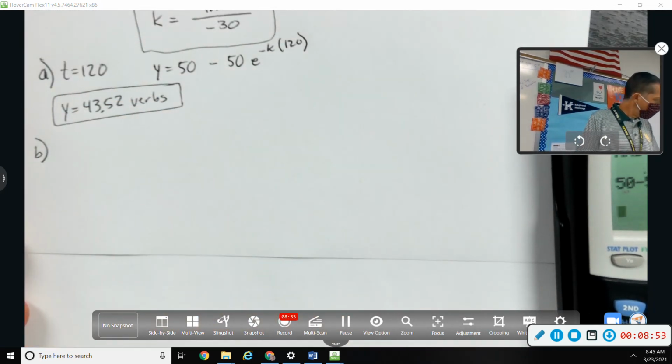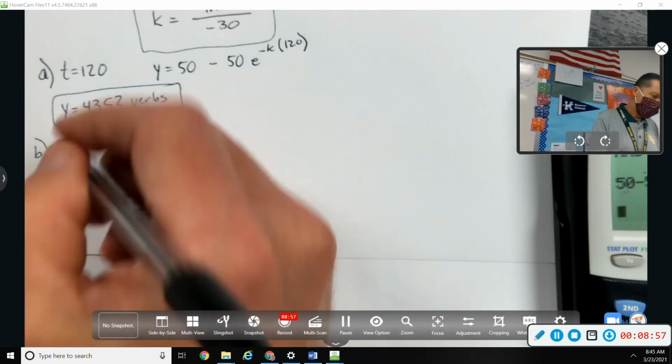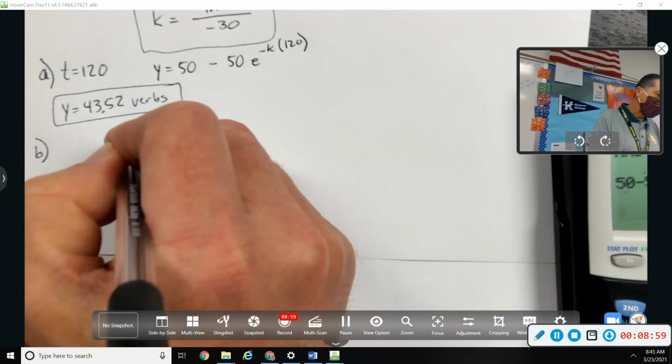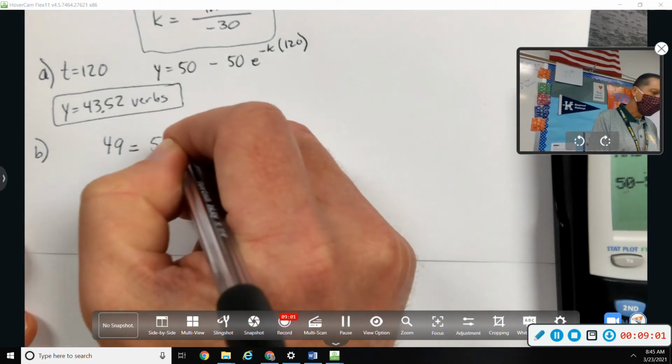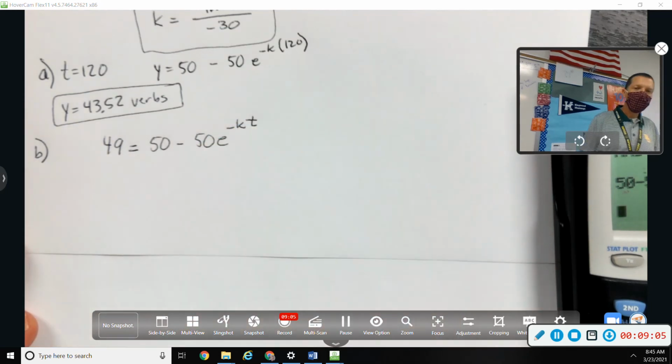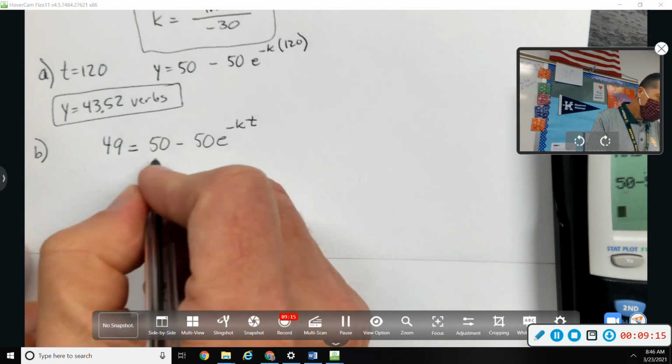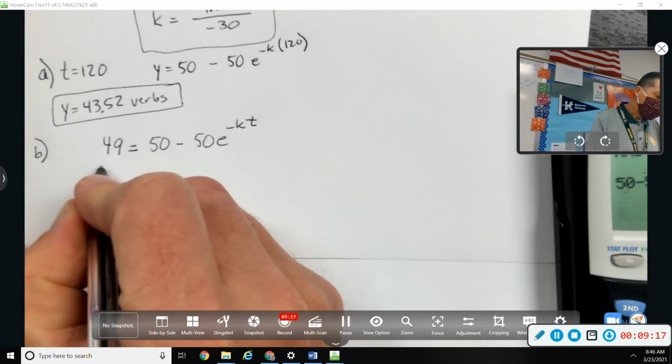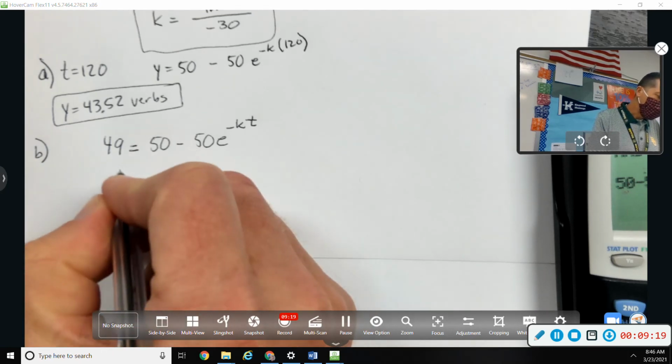Part B, after how many hours will the student have only one verb left to memorize? That means we've memorized 49. That's kind of a tricky way to ask that question. And we're trying to solve for t now. How long will it take to get to that 49th verb? Let's see, subtract 50, divide by negative 50.